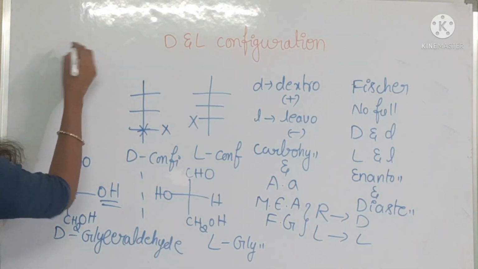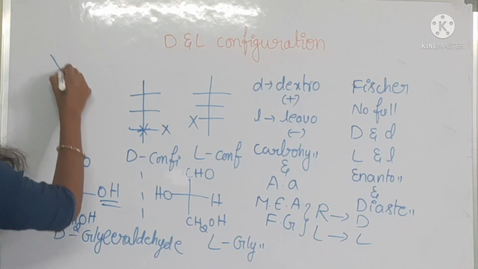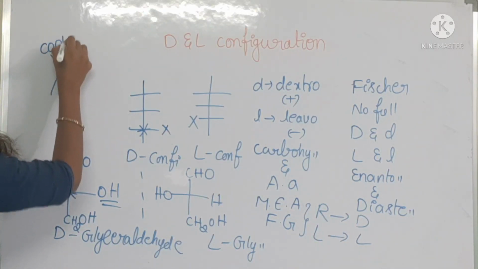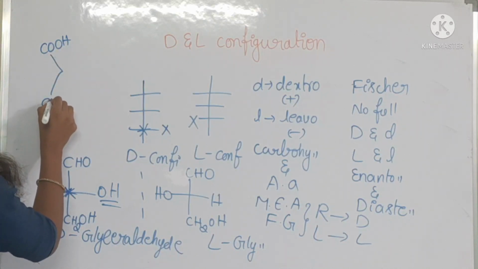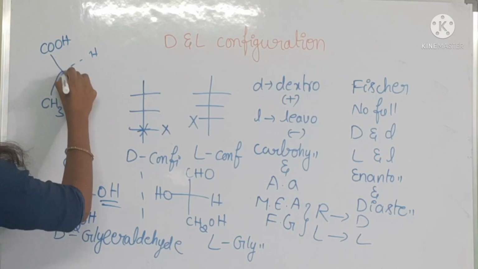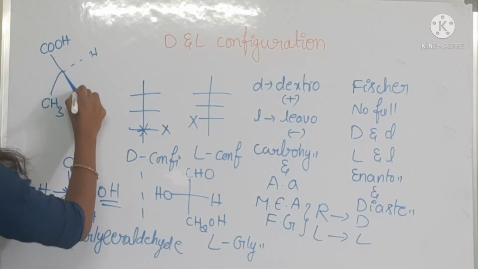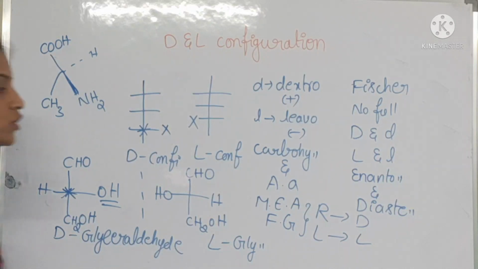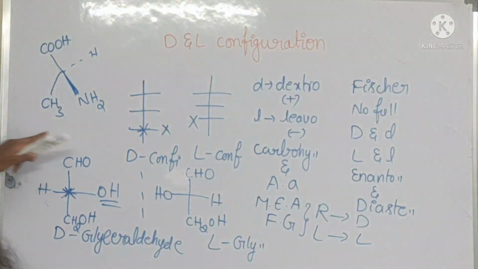Suppose a molecule is like this. Yes, this is COOH, this is CH3, this is hydrogen, and this is NH2. How can you assign D and L configurations for this molecule, students?